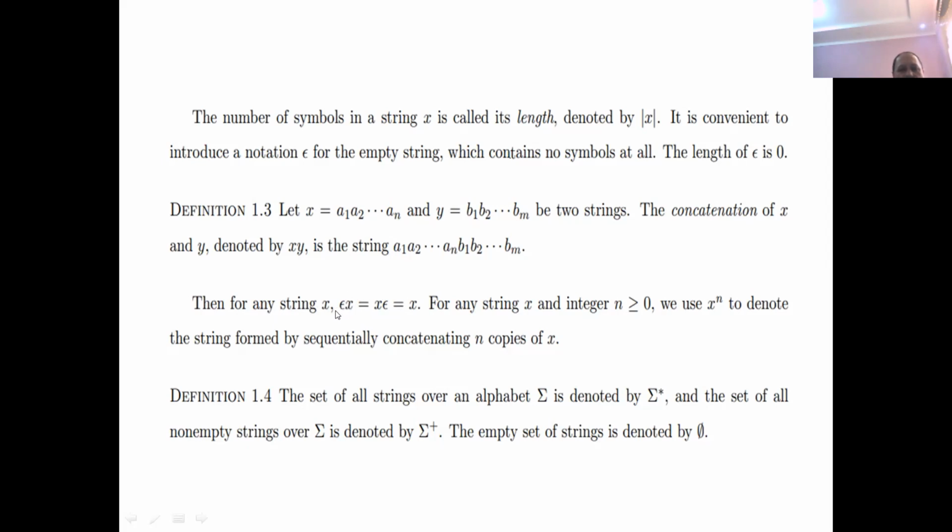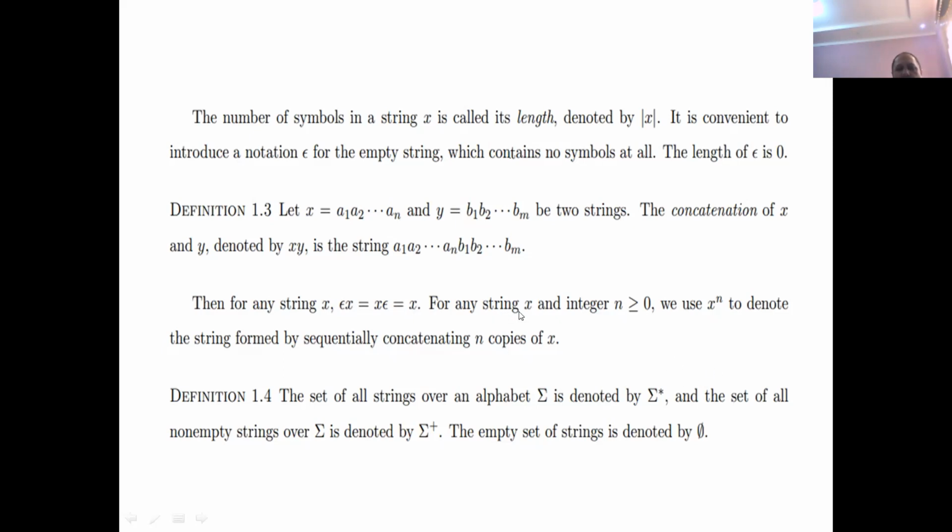Why? Because this sign means an empty element, because of the empty position, empty sign, so it is equal to x.